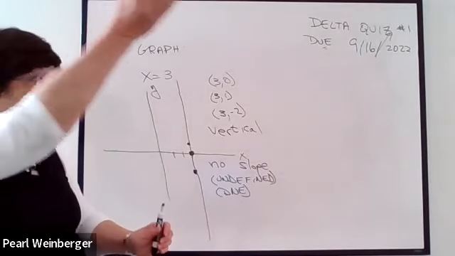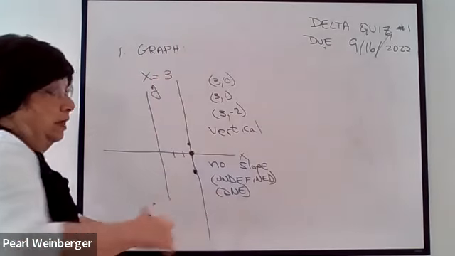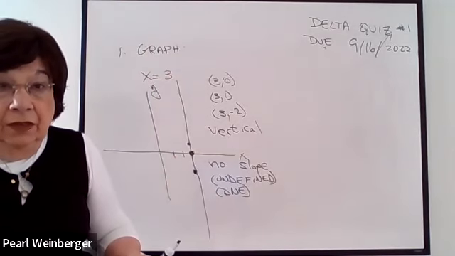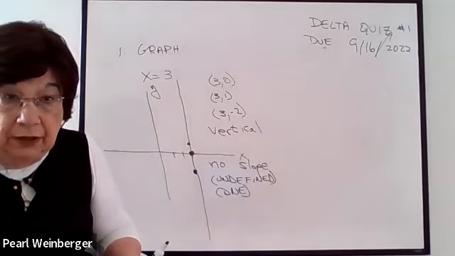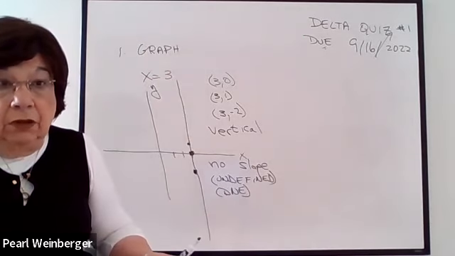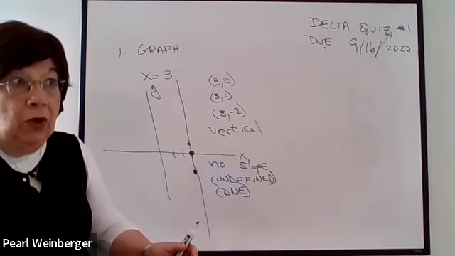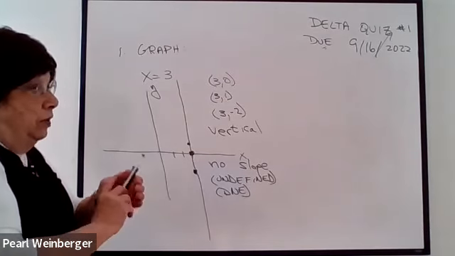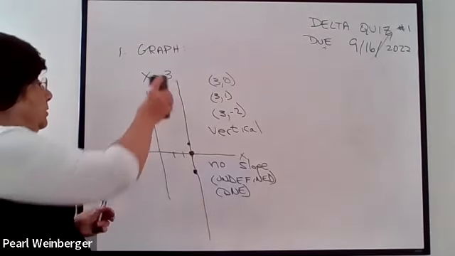Anytime you have a line that's slanted, either to the right or to the left, it always has both an x and a y in it, and you can find out what its slope is, and the slope will tell you how much it's slanted. And the slope is very interesting. So let's talk a little bit more about slope.